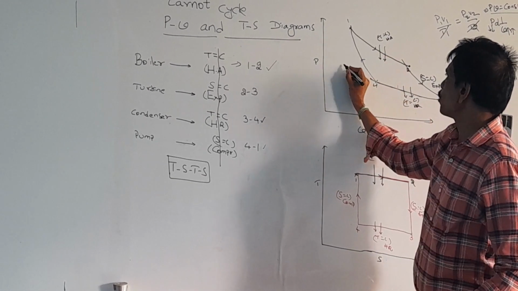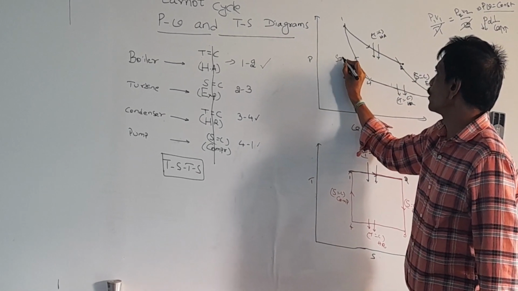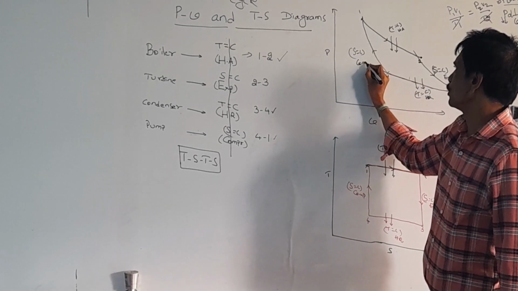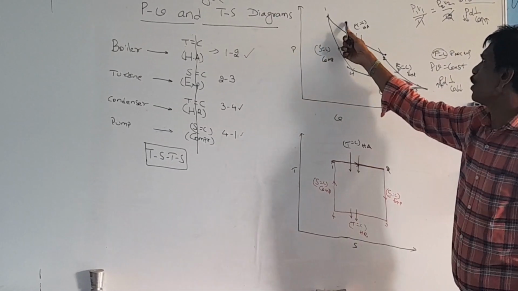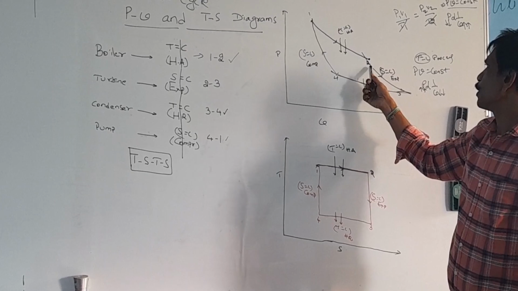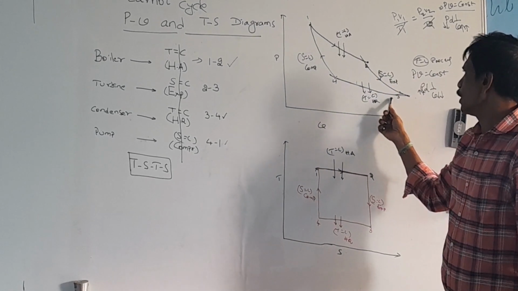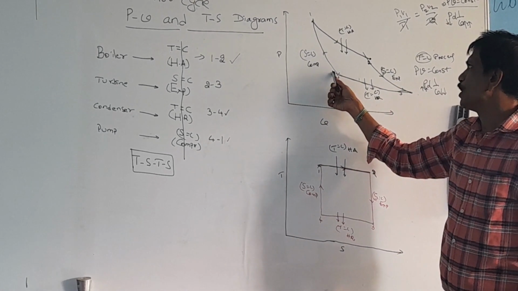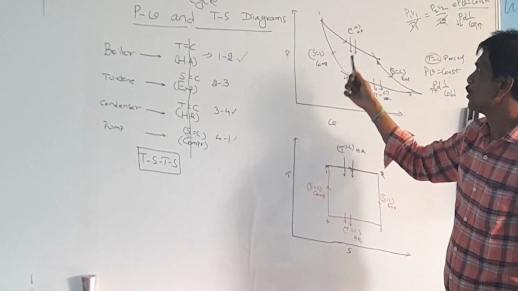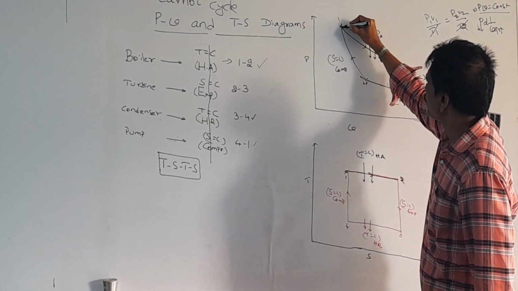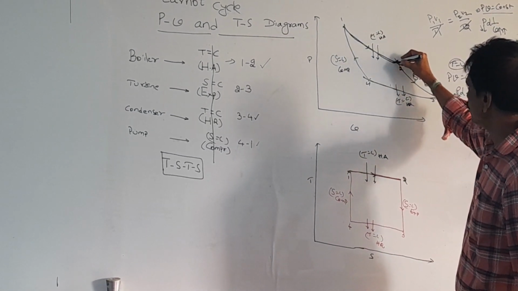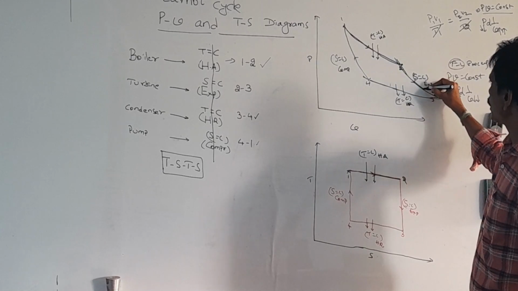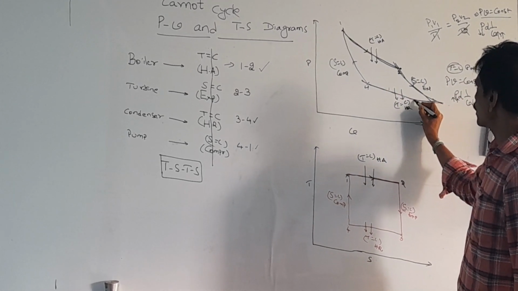This is the isentropic compression. So isothermal heat addition, isentropic expansion, isothermal heat rejection, isentropic compression. All 4 lines are curved lines in the Carnot cycle.